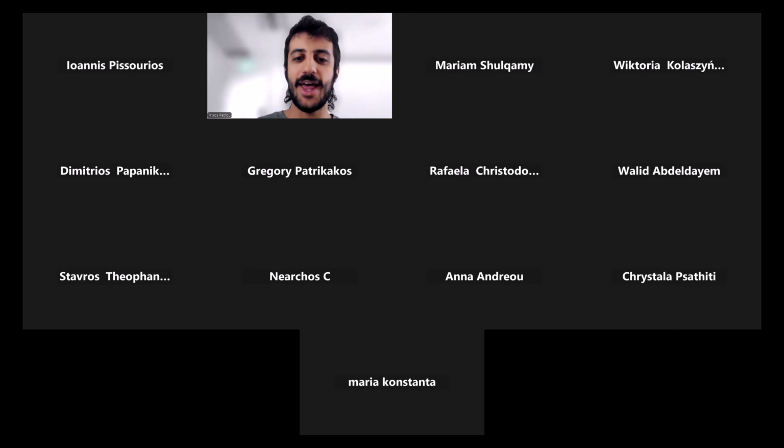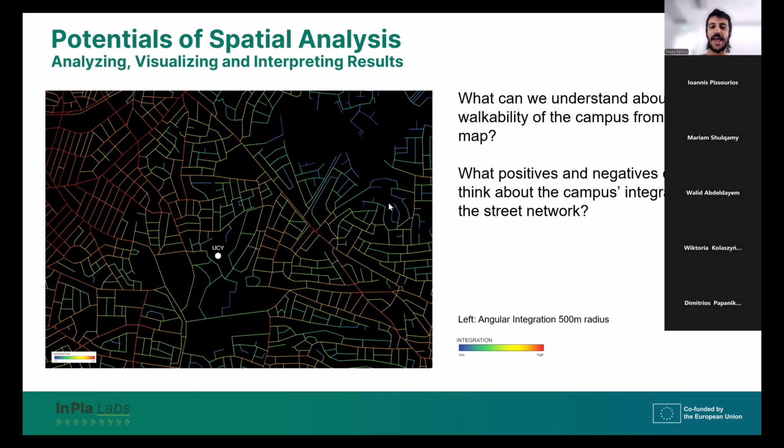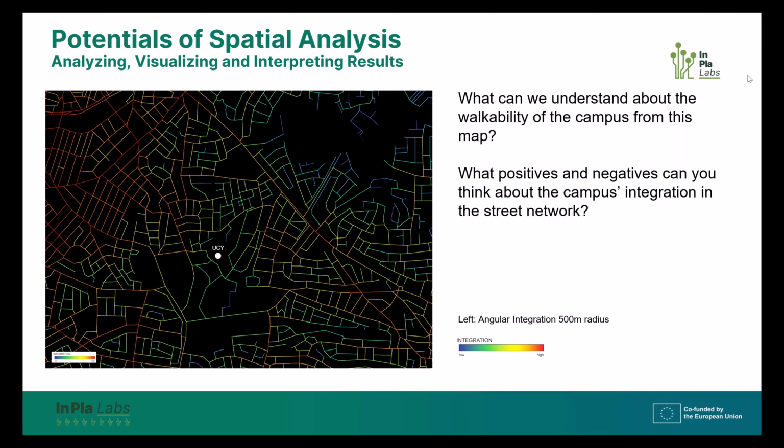Yes, exactly. And again, I want to say that this is not necessarily a good or a bad thing. It could be argued, for example, that the University of Cyprus campus, maybe it's intentional that it's not so well integrated, that you have a quiet place of study, and it doesn't need to be so well connected.